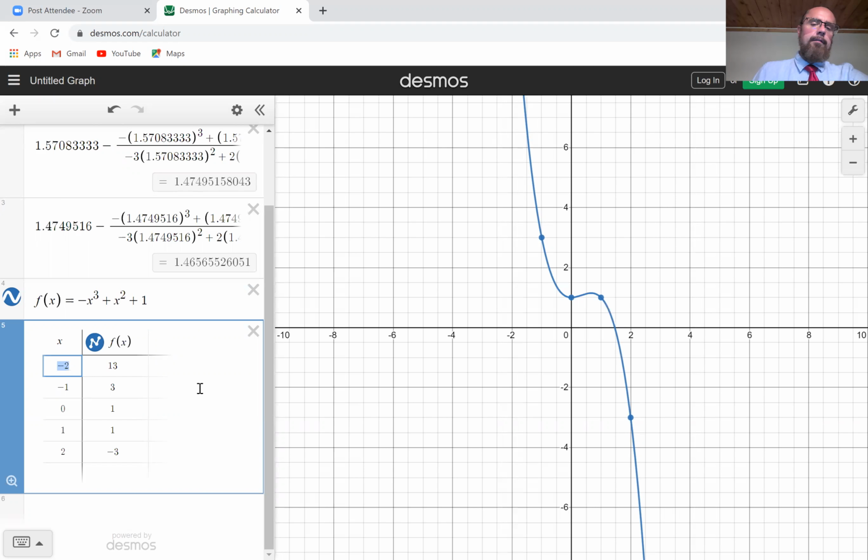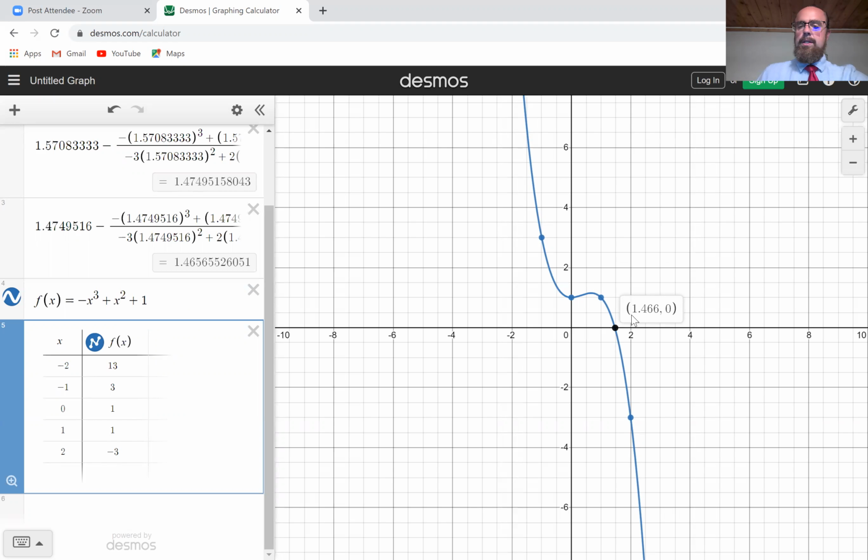So I'll record that table. I don't see that I've got a 0 recorded here, but according to the intermediate value theorem, there should be one between 1 and 2 because I see a change in sign between the outputs, the y value of 1 and the y value of 2. It goes from positive to negative. And I can see it here on the graph. So the nice thing about this graphing calculator is I can just click.